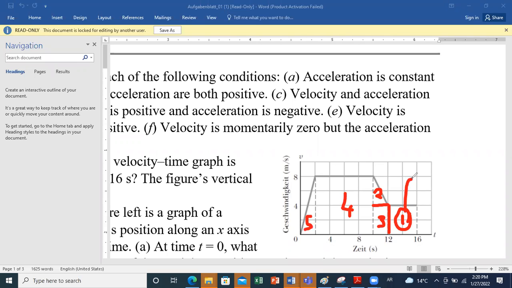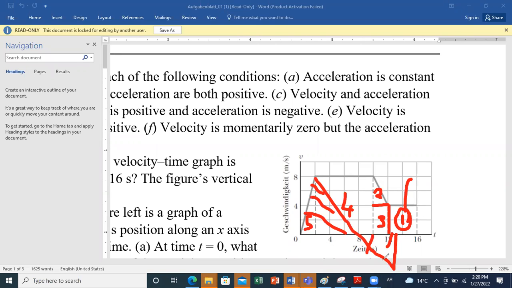Since all of these areas are above the t-axis, they are counted as positive. Pay attention: if you have a part of the graph above the t-axis and another part below it, when you calculate the total area, you account the upper part as positive and the lower part as negative.